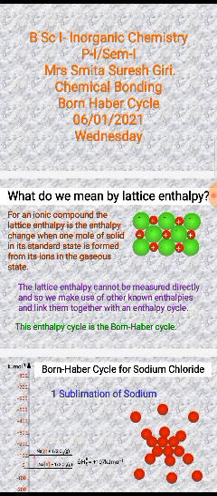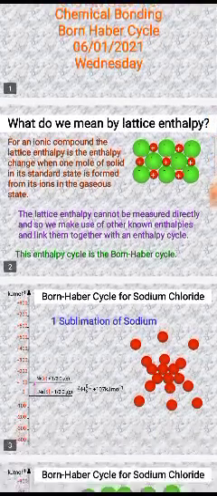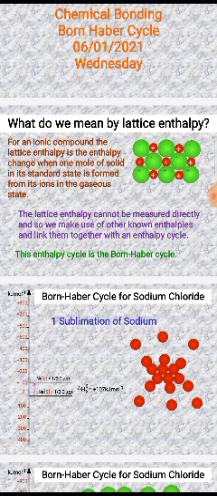For an ionic compound, two types of ions are present: cations and anions. The lattice enthalpy is the enthalpy change when one mole of solid, in its standard state, is formed from its ions in the gaseous state.